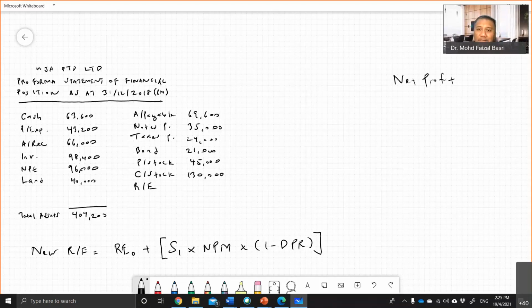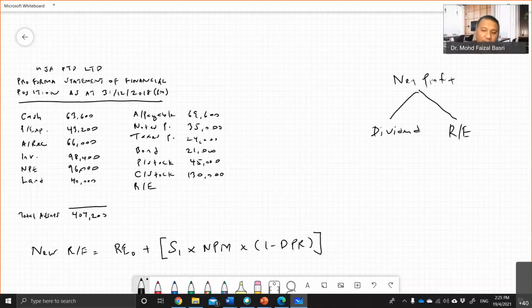When the company generates net profits, they are going to pay dividend to the shareholders, and the rest of the money they will put in the retained earning, RE. So basically, the first two parts, the new sales multiplied with net profit margin, are to find the net profit.